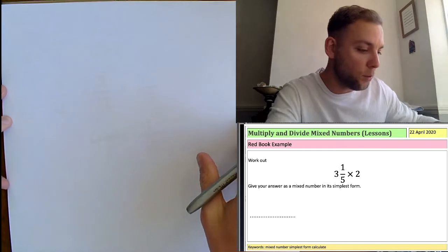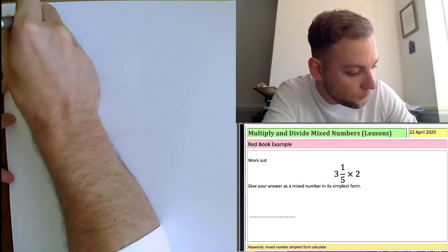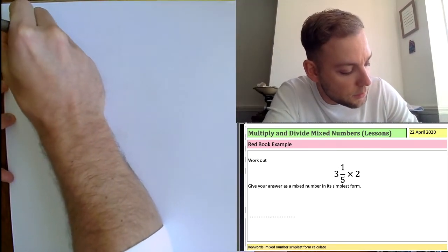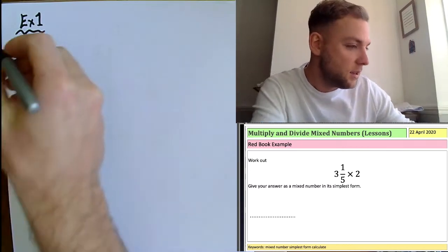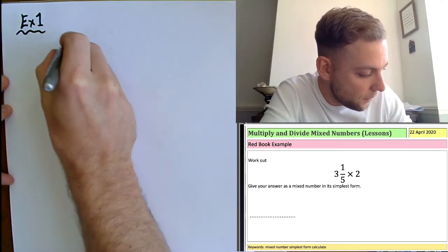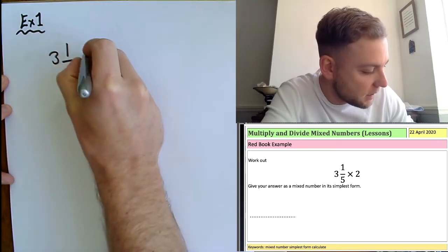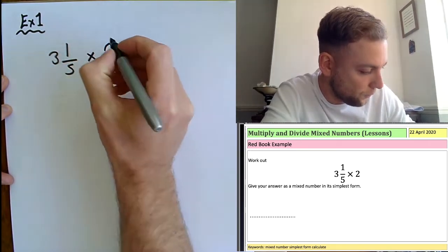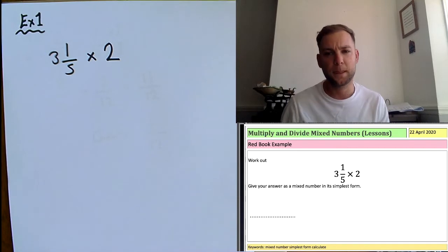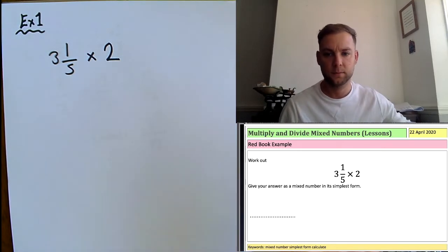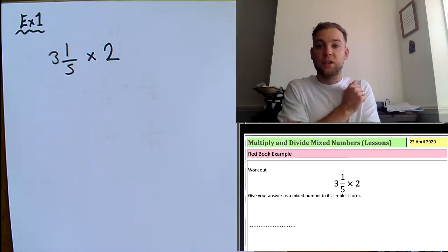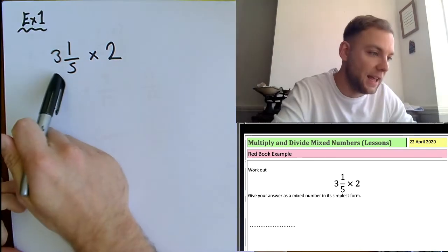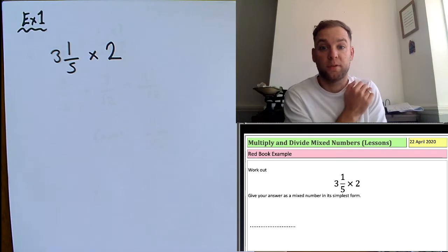So let's get example 1 in our notes. Remember to make sure you get down all of these examples, because the only way to learn is to do it. So here we've got 3 and 1 over 5 times 2. The first thing we have to do is change this into an improper fraction.